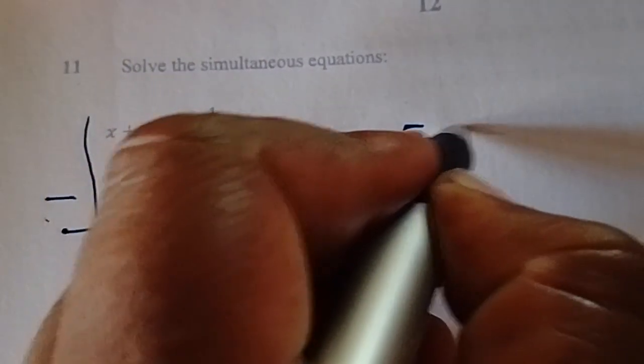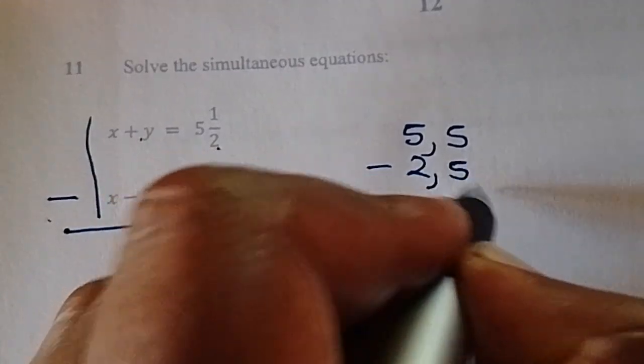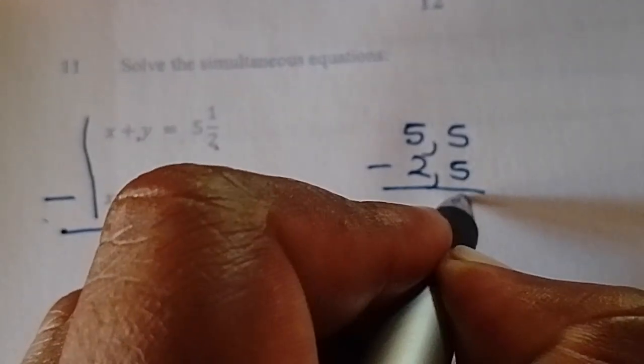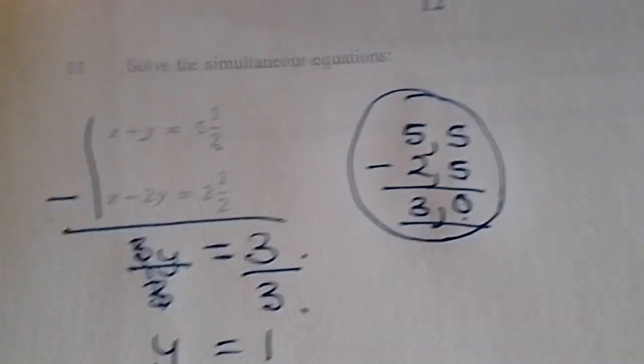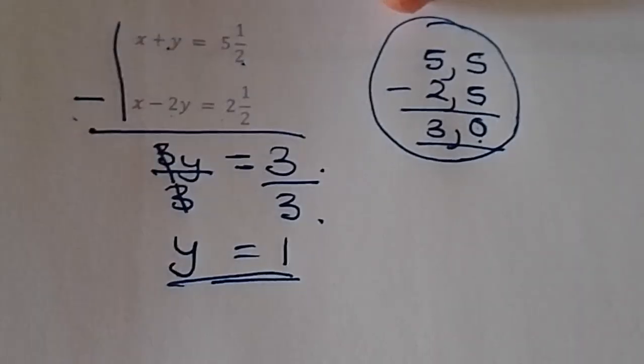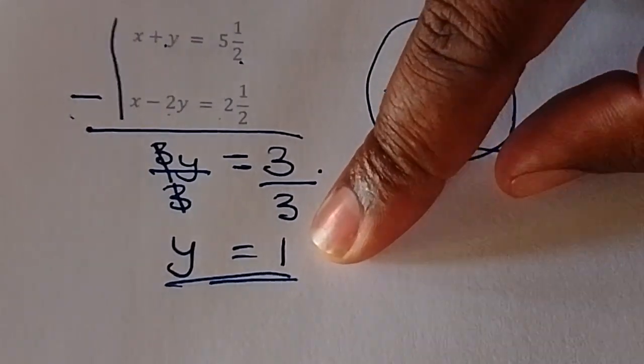We said 5½ is just the same as 5,5 minus 2½ is just the same as 2,5. This 5 minus 5 is 0. 5 minus 2 is 3. This is just for clarification, right? Then we now have y being equal to 1.